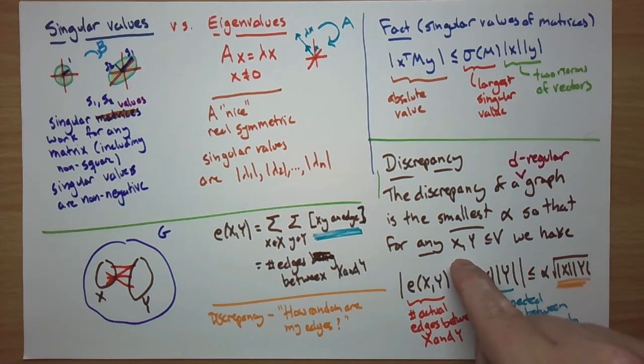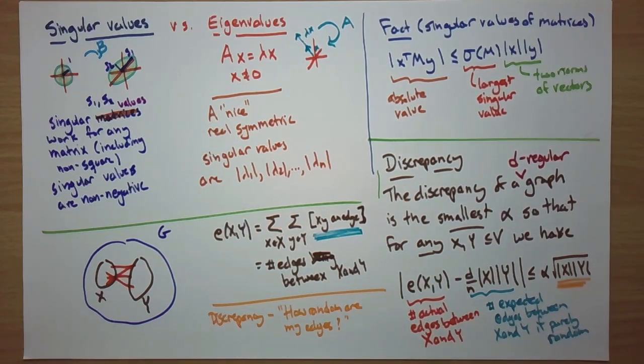If you have an n-vertex graph, there's 2 to the n subsets that can go in X, there's 2 to the n subsets that can go into Y. So it would take you a very long time to exhaustively find the best alpha. This is not an easy parameter to compute if your graph gets large.